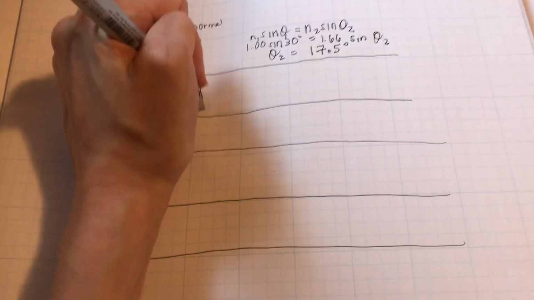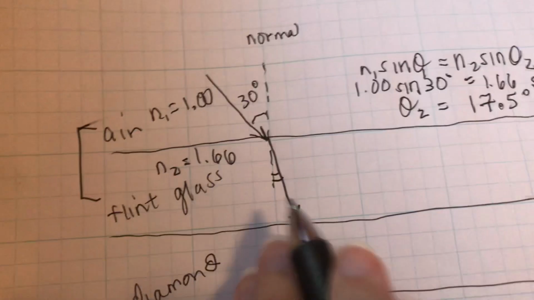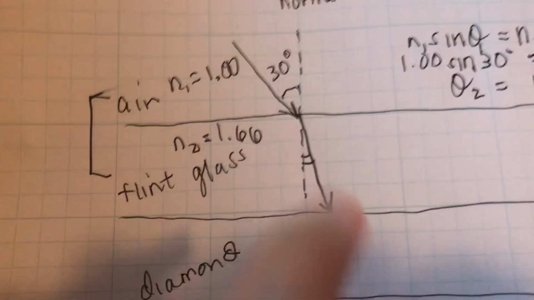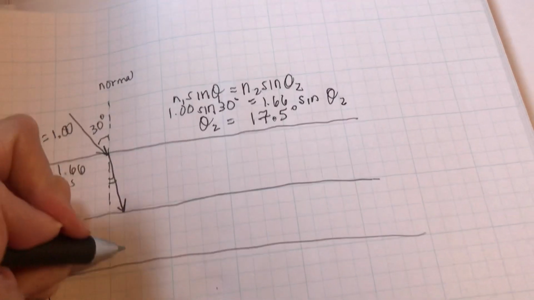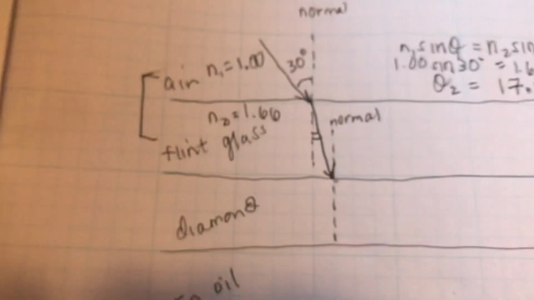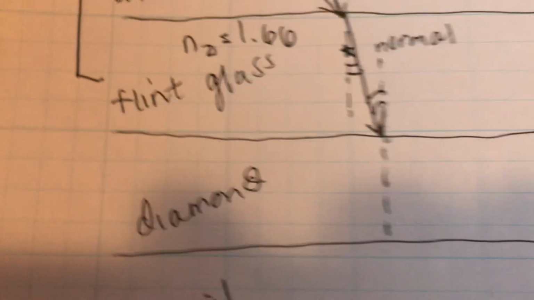If this angle that I've designated relative to the normal is 17.5 degrees, then if I draw in my new normal where the light is striking this next interface, this angle right here must also be 17.5 degrees, because those two angles are alternate interior angles.